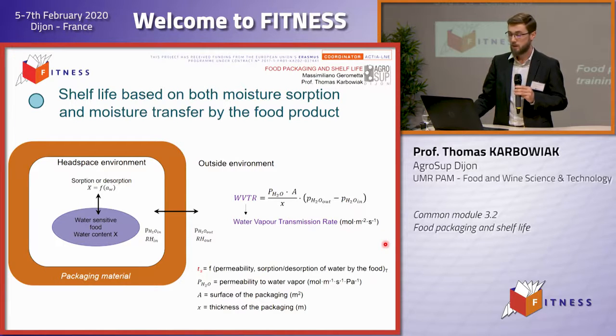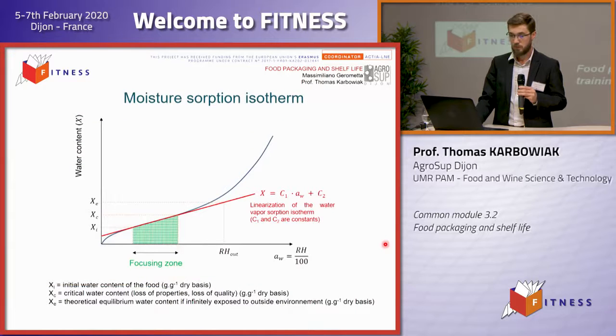I will go rather fast, and that means you will have to consider the moisture sorption isotherm. That means the water content in your food according to the relative humidity of storage or water activity of your food. And you will define the initial water content, the critical water content. So this is related to the acceptability limit factor we discussed just before.